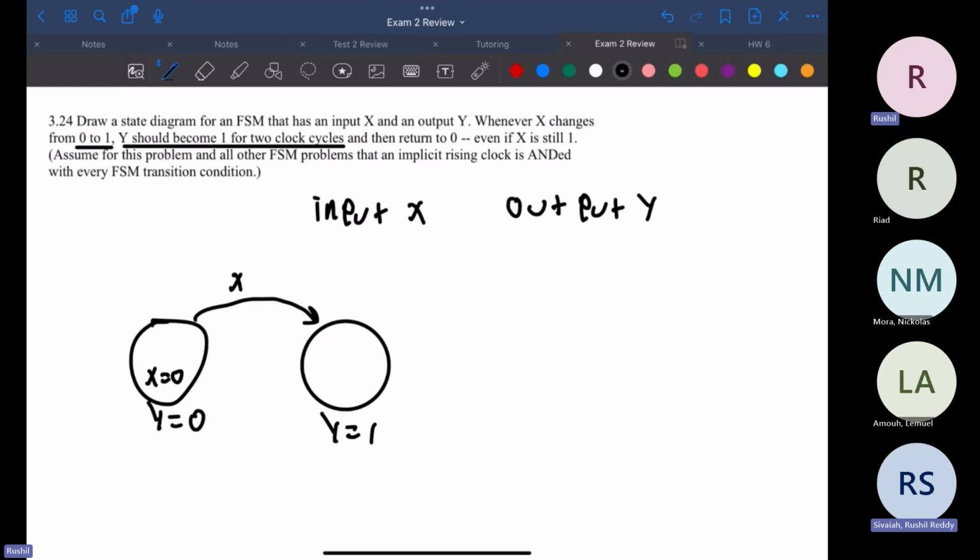Every time there is an arrow here, we assume it's whatever is here times clock up. In most of your classes, that's going to be an assumption. Anytime I do it, just assume there's always going to be a clock up.